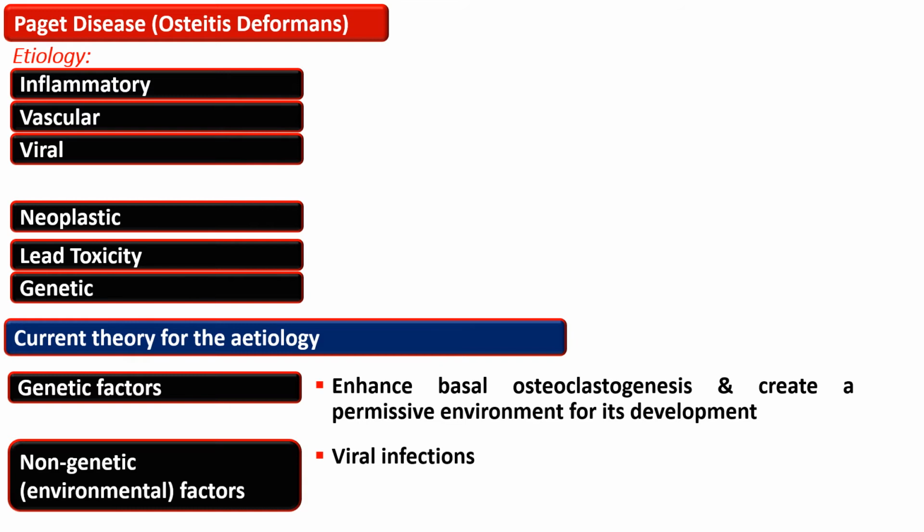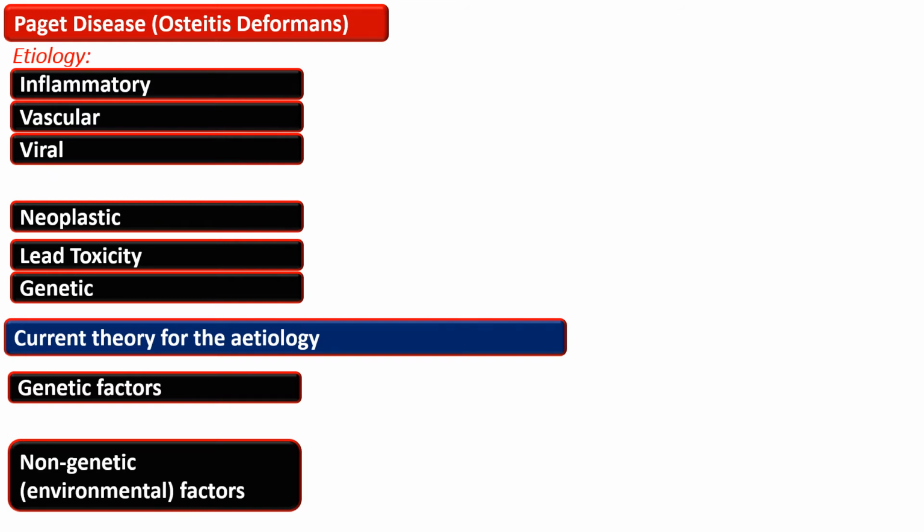It is considered that both these factors are partly responsible for the initiation of this disease. The genetic factors are related with enhanced basal osteoclastogenesis and create a permissive environment for the development of Paget's disease, while viral infections have also been linked with this disease.